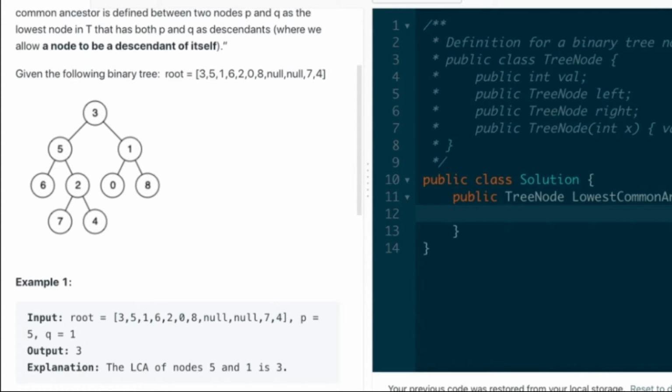Yes, 6 is equals. So return 6 to the last call, which was 5, and continue to the right side of the tree. So go to the next node, ask if 2 is equals to 6 or 4. 2 is not. Go to the next node, ask 7 if it is equals to 6 or 4.